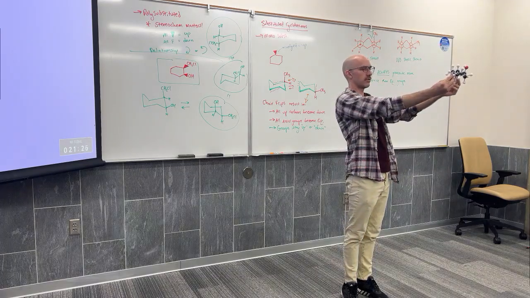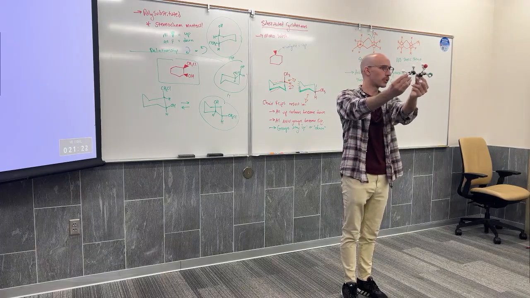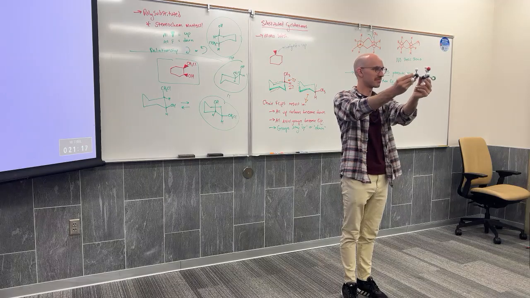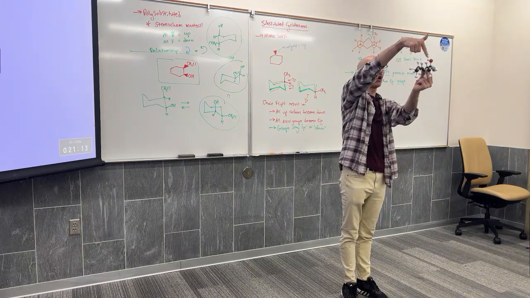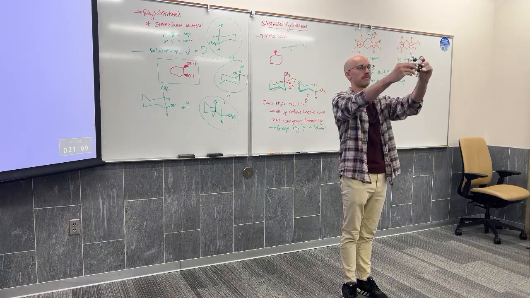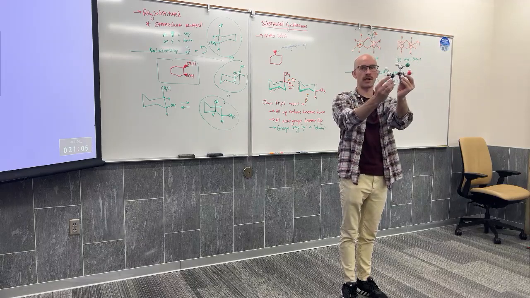They're still gauche to each other. They still have steric strain. So those two groups are going to create gauche steric strain no matter what their position is. But here, the OH is creating steric strain by being axial. And here, the CH2Cl is creating steric strain by being axial.